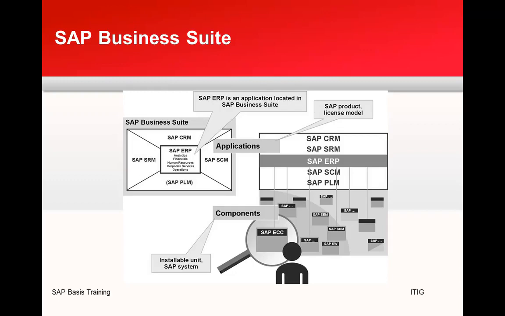Around ERP you have SRM, CRM, SCM, PLM. SCM is supply chain management, SRM is supplier relationship management, and CRM is customer relationship management. These are the key SAP products.